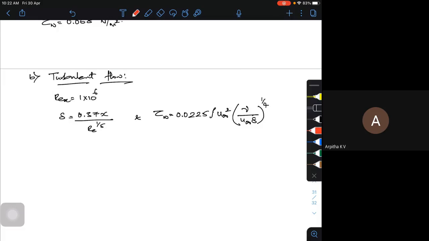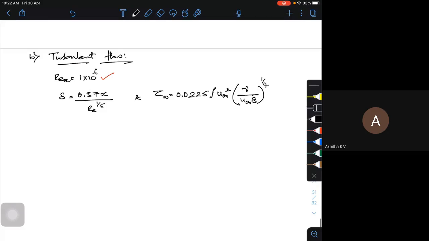The only thing we have to do is use Re equal to 10 to the power of 6 and substitute. So let's find the delta here. Delta is equal to 0.37 into 1 divided by Re, which is 1 into 10 to the power of 6, to the power of 1/5.